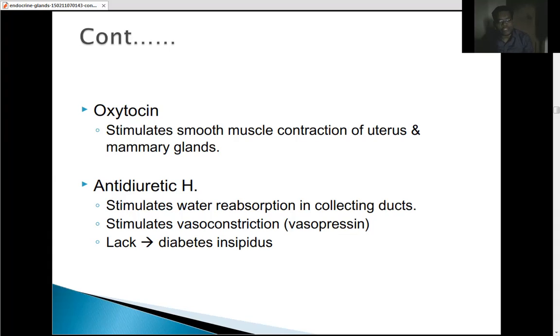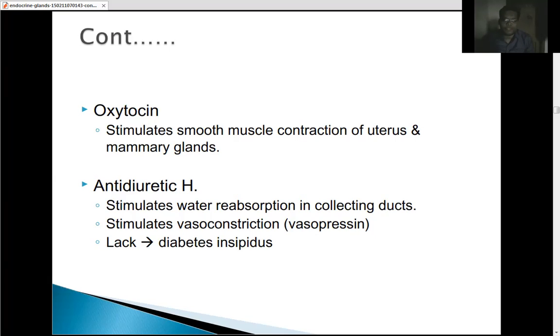For the induction of labor, oxytocin stimulates the smooth muscles of the uterus. That's why the baby comes out at the end of labor. So oxytocin is a smooth muscle contraction stimulator of the uterus.